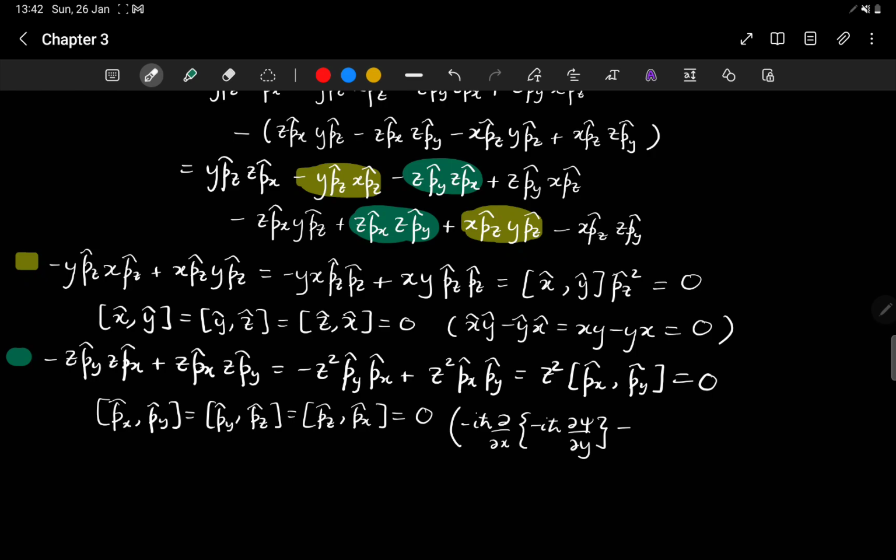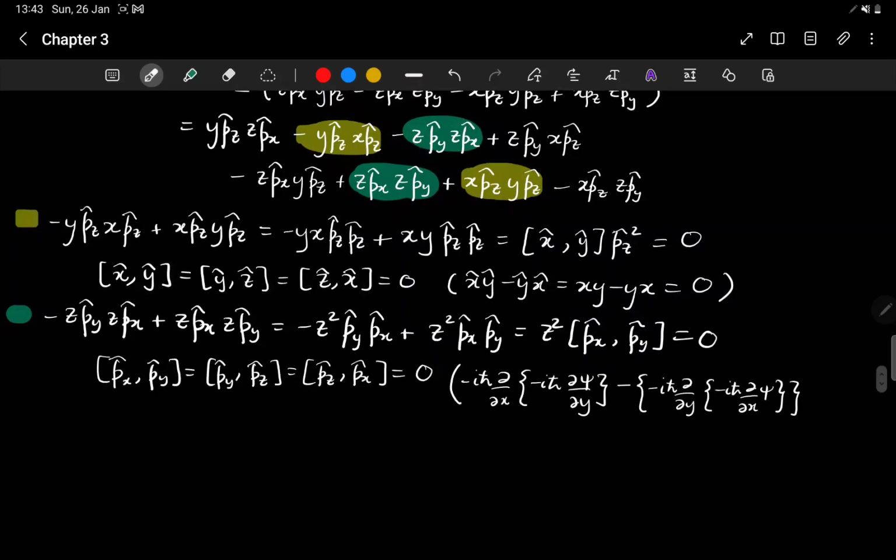Then py px, so py is minus iħ ∂/∂y, and then px is minus iħ ∂/∂x, and the whole thing operates on a state psi. i squared is minus 1, so this gives minus ħ² ∂²ψ/∂x∂y.